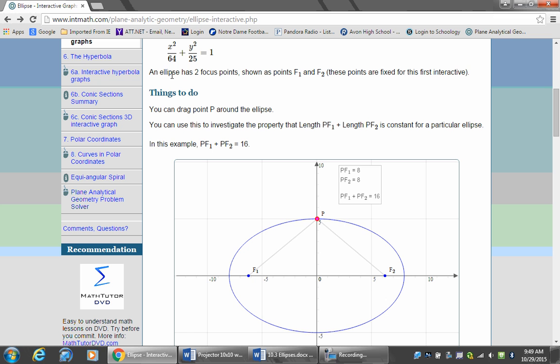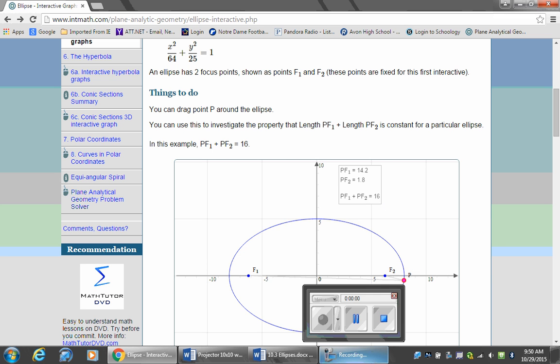Now watch what happens when I move this point. I'm moving the point around the ellipse, and it doesn't matter where I move it to, they add up to 16. Every single time. I can move it all the way around here, still adds up to 16. I can put it almost at the endpoint of the major axis.